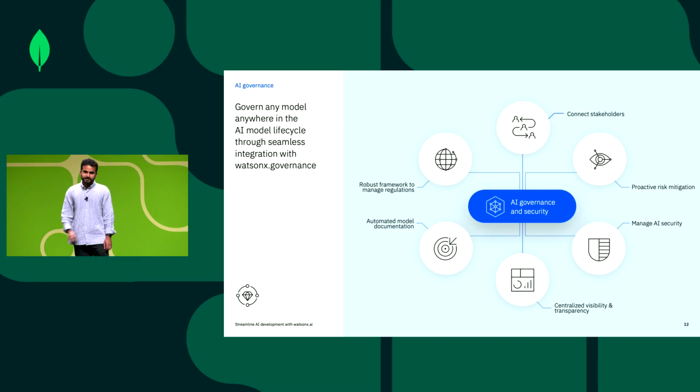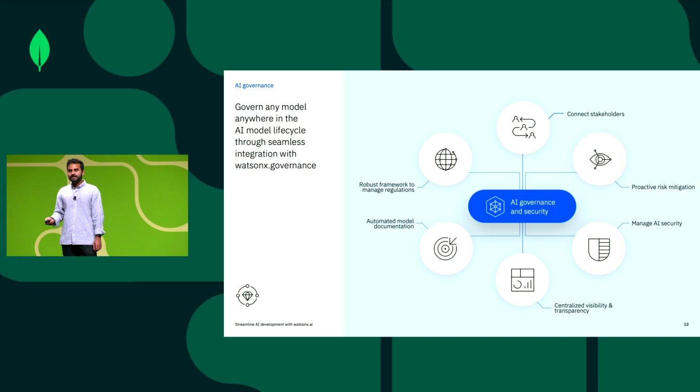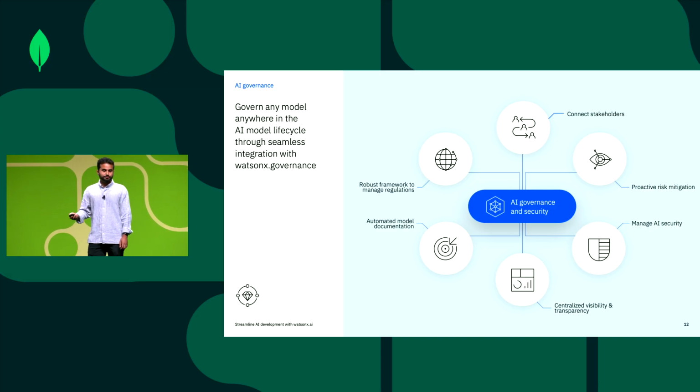Now, we talked a bit about this build time solution here, but we really prioritize governance as a whole. And governance for us means a lot of different things, starting from the identification of the use case. This includes writing down what exactly is the problem that we're trying to solve, the data sets that are included, and the risks that you're proactively identifying as you begin to build out your solution.